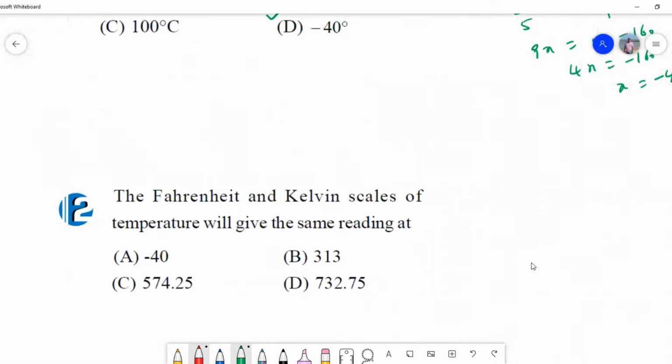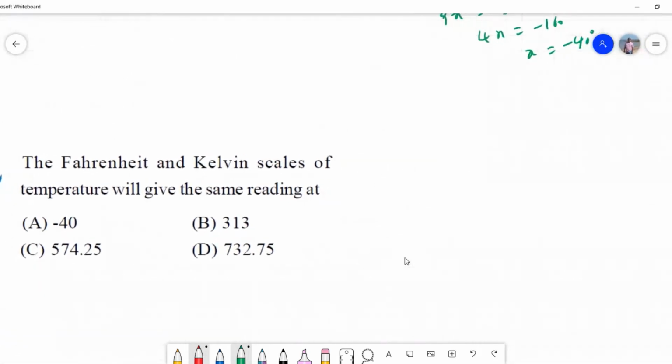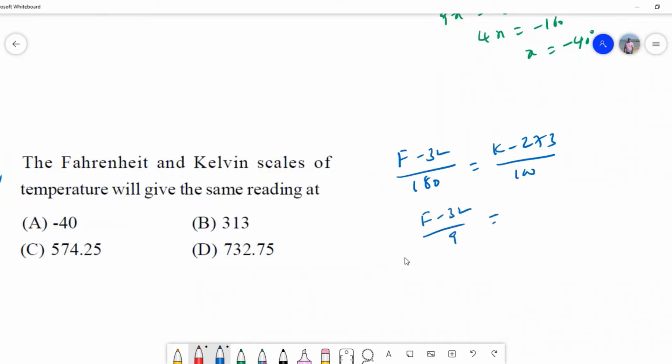Now let's move on to problem number 2, the same model. The Fahrenheit and Kelvin scales of temperature will give the same reading. So let's use the equation: F minus 32 by 180 is equal to K minus 273 by 100, or simply F minus 32 by 9 is equal to K minus 273 by 5.